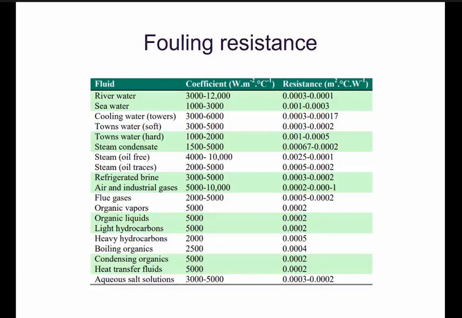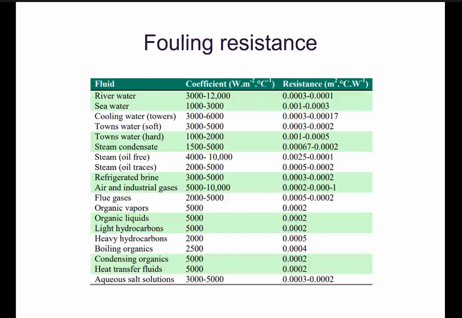Sometimes the technologies will give more stringent values than this. So that is why they have given the values. It can range from 0.003 to 0.001 meter square centigrade per watt. Okay. So remember, anything more than 0.0004 is considered to be a dirty fluid.